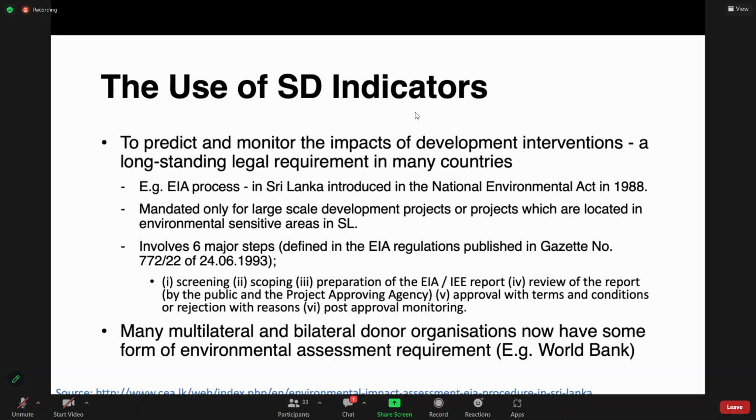So many of these bilateral agencies, these organizations like the World Bank or the IMF, they have requirements for certain sustainability assessment or environmental assessment to be undertaken before you implement projects.